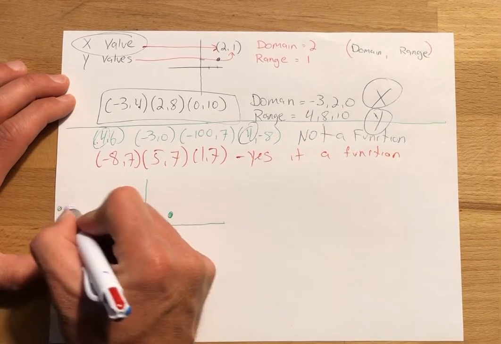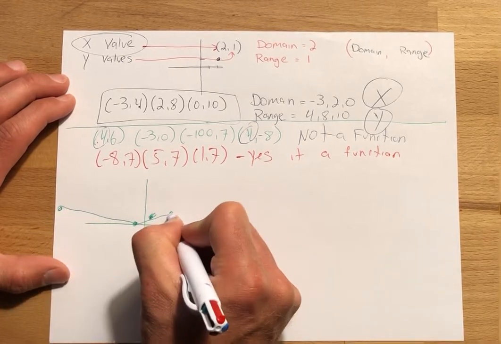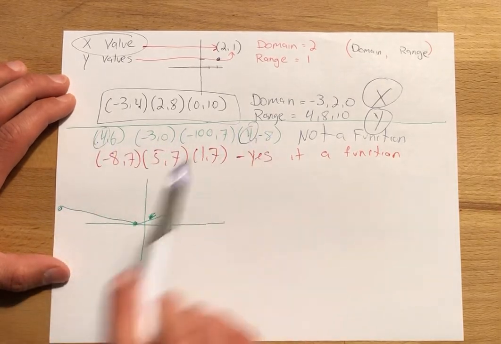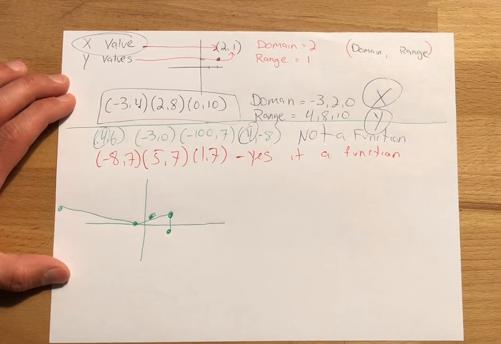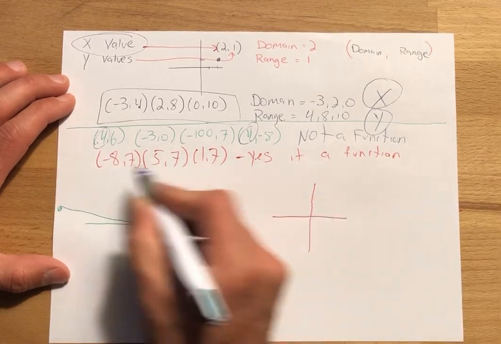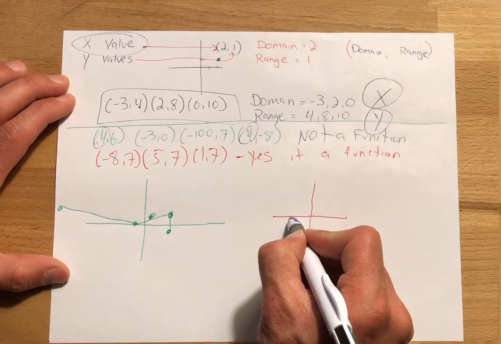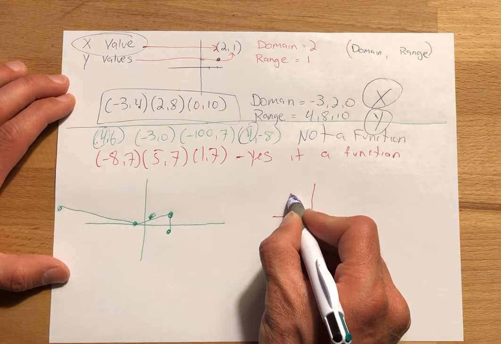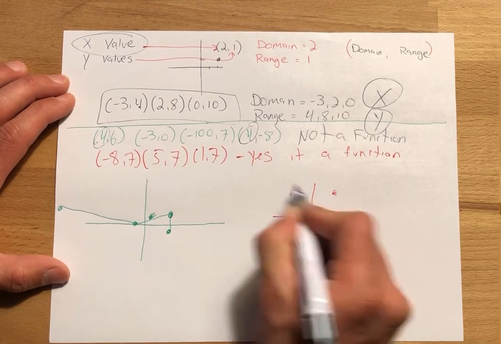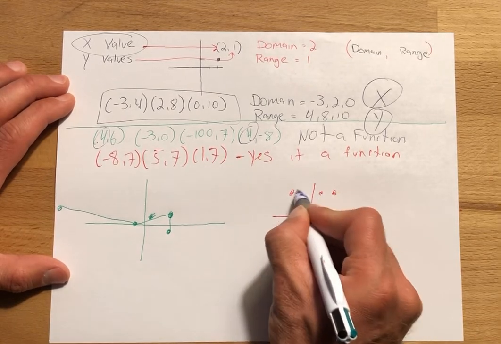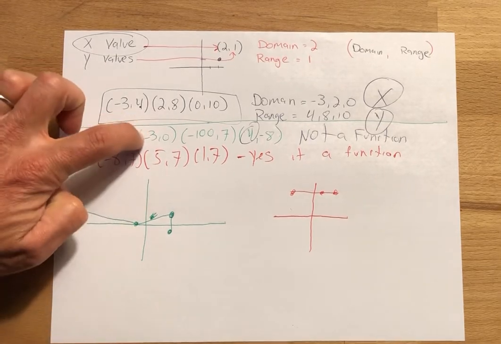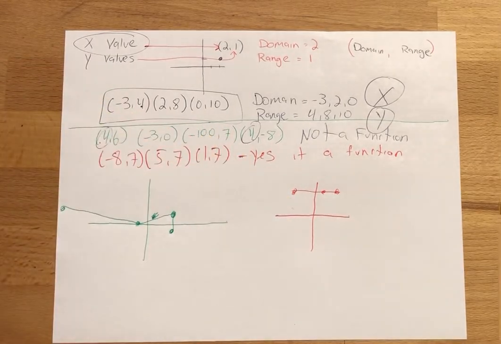Okay, look. If I were to draw a line and create some type of function, this would be this function right here. Now, if I were to create an xy coordinate plane for these, -8 and 7, let's say 5 and 7, 1 and 7, this would be this graph.